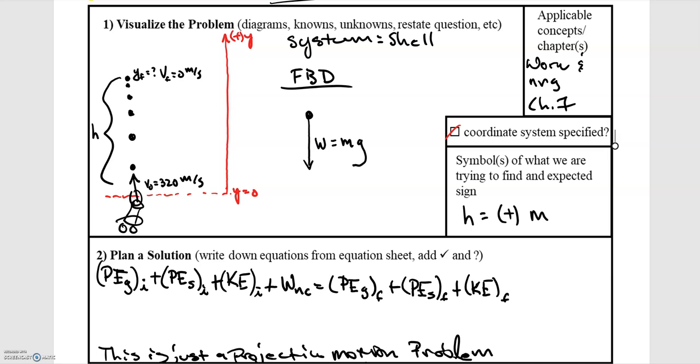We also don't have to deal with springs, so we're not going to define the spring potential energy. All we need to define is the potential energy, which is just mg times some height interval, and the kinetic energy, which is just equal to 1/2 m v squared.